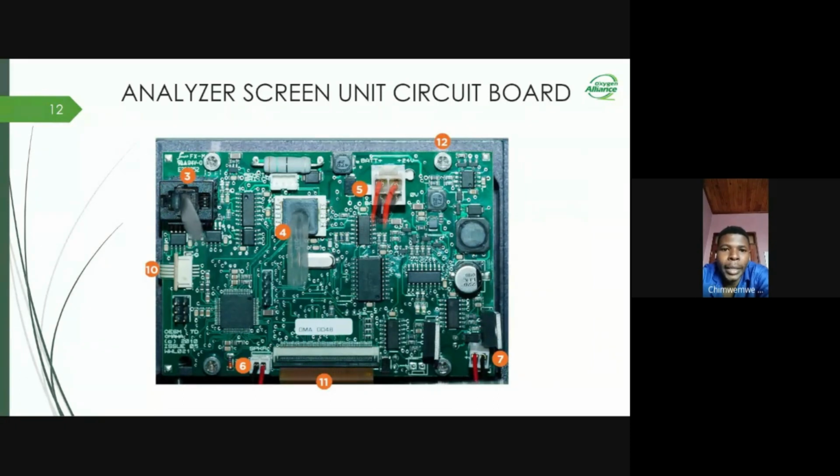As you can see in the graphics, the part labeled 3 in orange is where the oxygen sensor cable goes. There is a pressure transducer, indicated as 4 in the graphics. You have a tube carrying the pressurized gas that the pressure transducer measures.